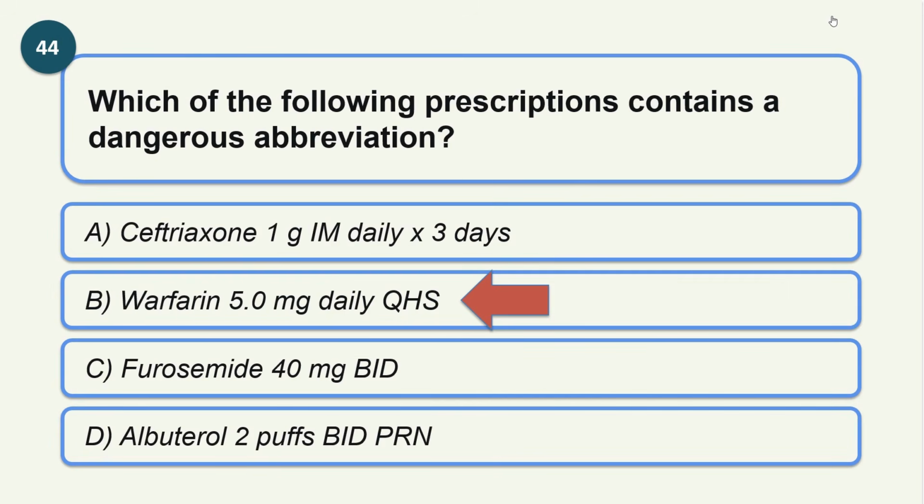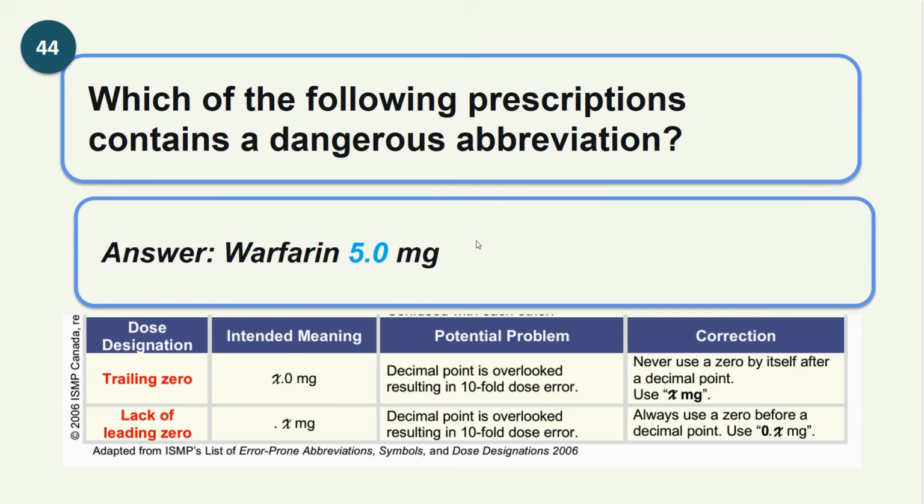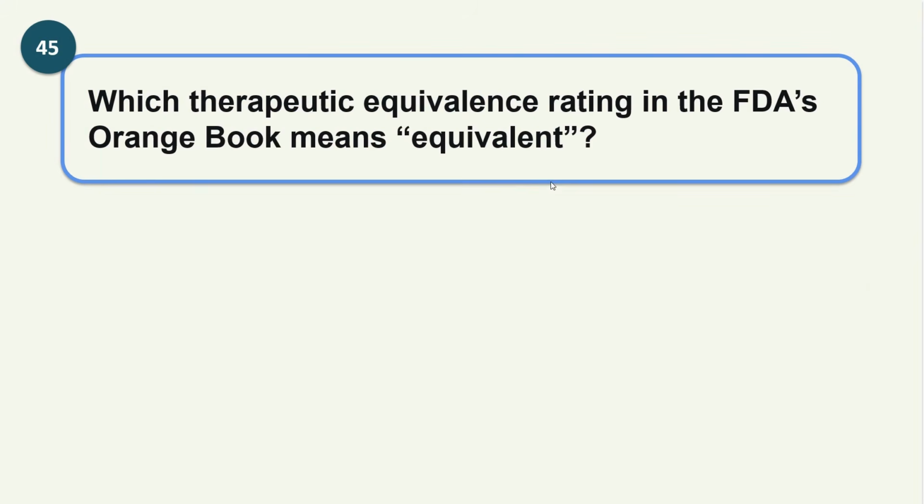The correct answer is warfarin 5.0 milligram. The trailing zero is a dangerous abbreviation. To avoid this, do not write a trailing zero after 5, just write 5. Trailing zeros or a lack of leading zeros can both result in prescription errors, so those are known as dangerous abbreviations.